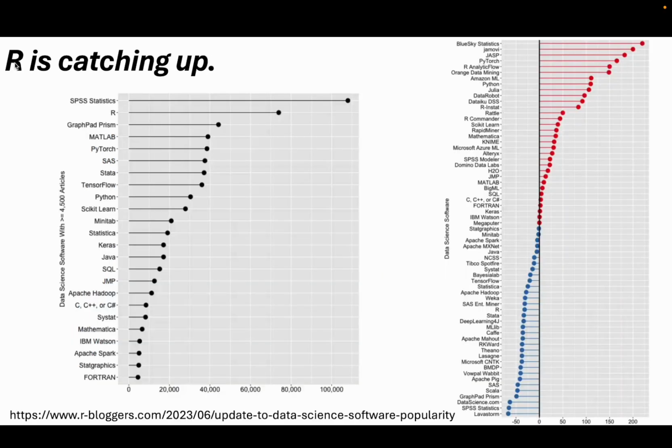This very nice resource, R Bloggers, has basically examined the number of articles published with different data science software.